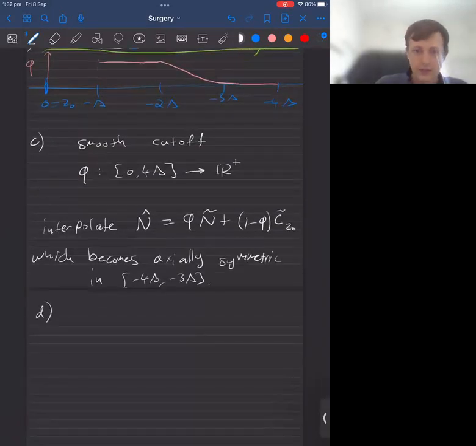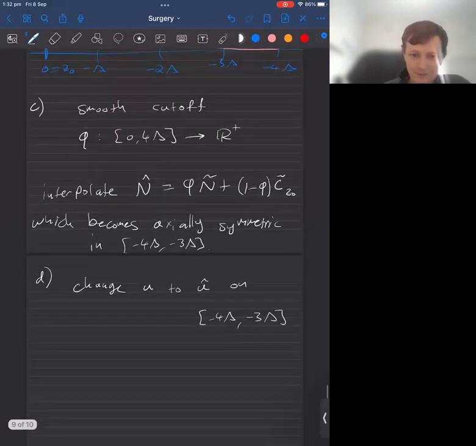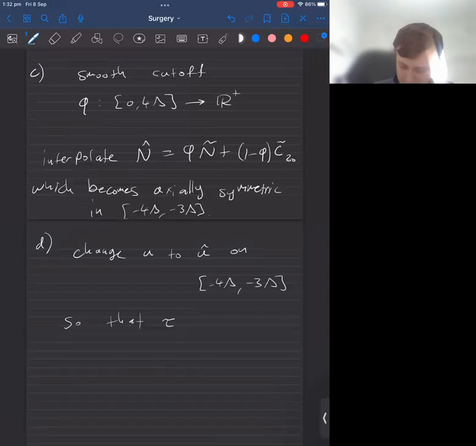And then finally we change U to U hat on, I guess now we're calling this, -4 lambda to -3 lambda. So now we want to modify the rest of it so that it turns into a spherical cap. So U hat goes to R naught as Z goes to Z1.